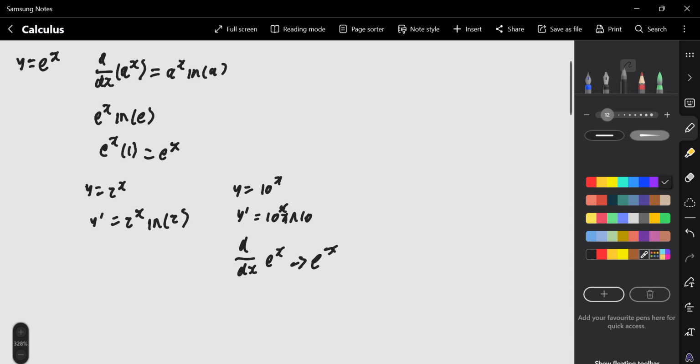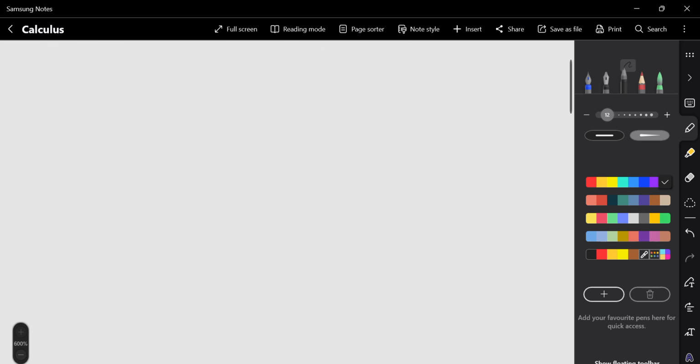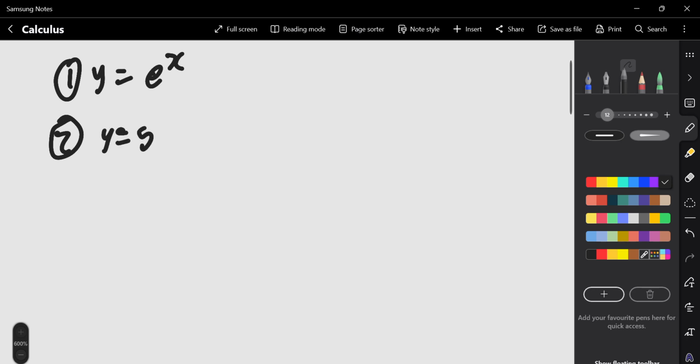But let's do some more questions because you can do some slight variations. And obviously we have our ln function that we need to learn how to differentiate as well. So let's go for number 1, y equals e to the x. Number 2, y equals 5e to the x. Number 3, y equals e to the 2x.